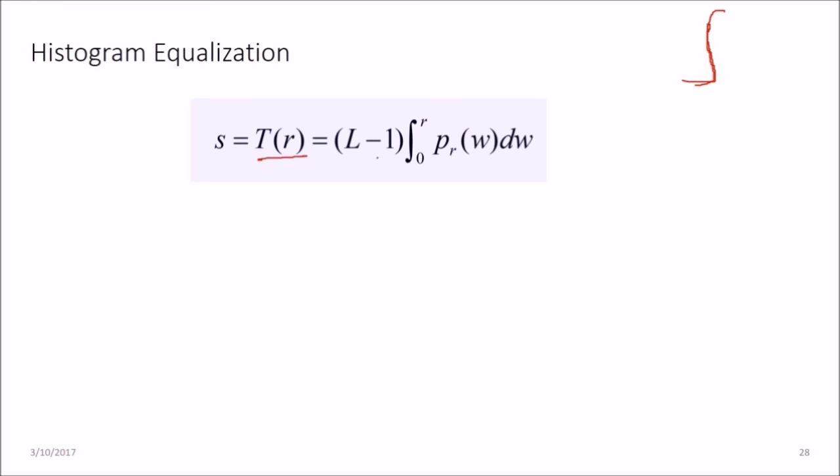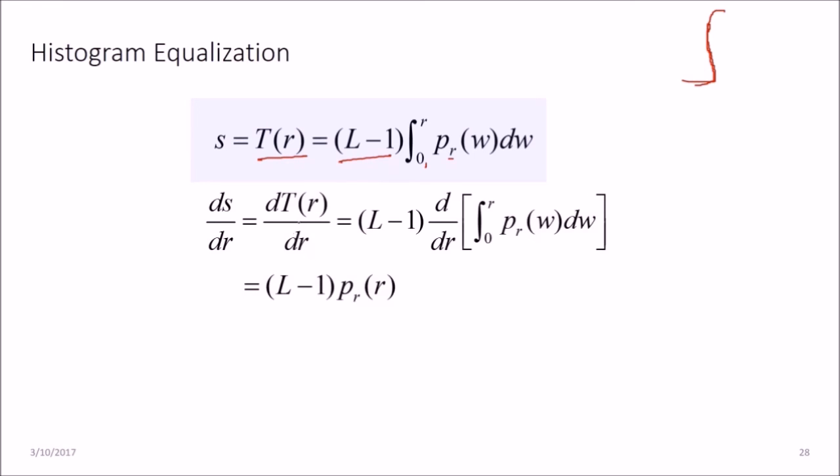T(r) can be represented as (L minus 1) times the integral from 0 to r of p_r(w) dw. If you take the derivative, ds by dr, that will be L minus 1 times d by dr of the inside integral. The integral from 0 to r of p_r(w) dw is nothing but p_r(r), the probability distribution function from 0 to r.